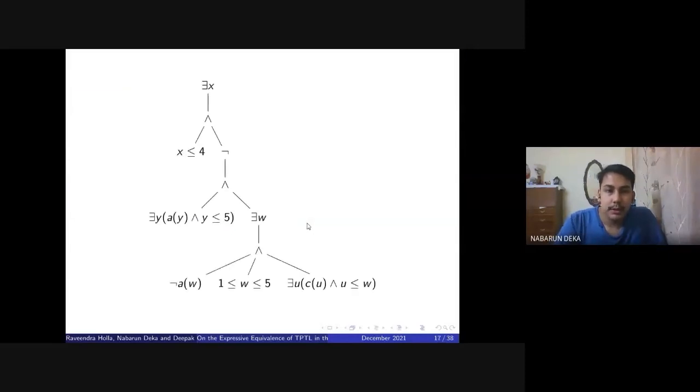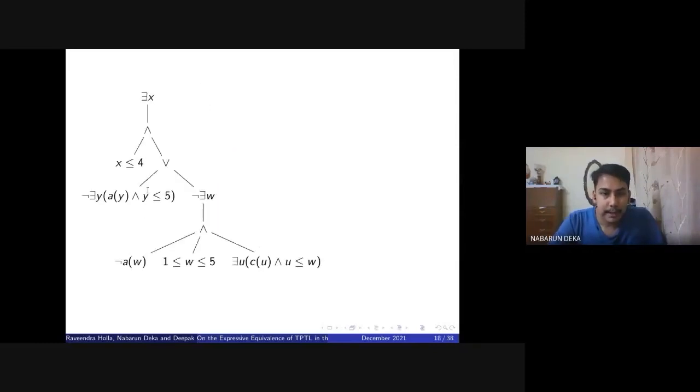So suppose we had this formula. We want to express it in our normal form, which is a Boolean combination of sentences in exist normal form. So observe that this sentence currently has a not of an and, which is not allowed in our exist normal form. So the first thing we'll do is push this not through the and, hence it becomes an or. Now ors are again not allowed in exist normal form, so we'll pull the or out.